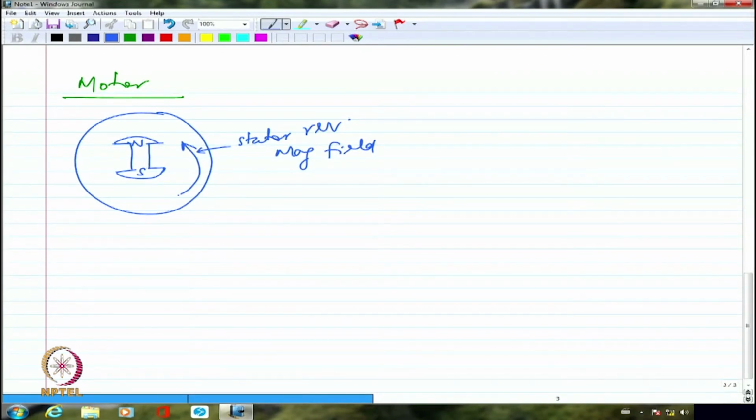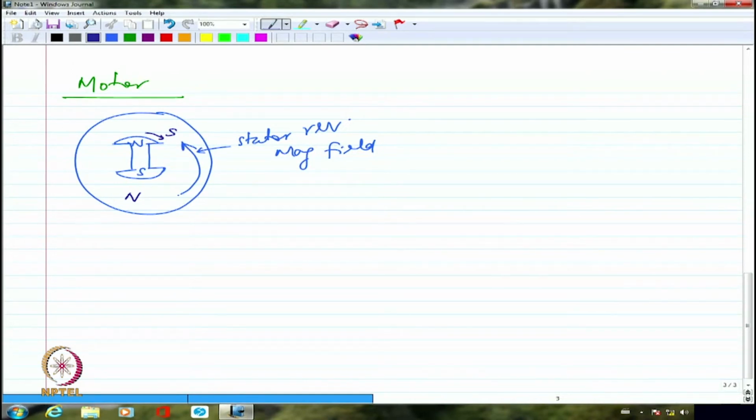Now, if this is my revolving magnetic field, I am probably going to have south pole and north pole at this instant somewhat like this, because of which the rotor will be attracted towards the south pole. So it may try to move in the clockwise direction to lock up with the pole of the stator.